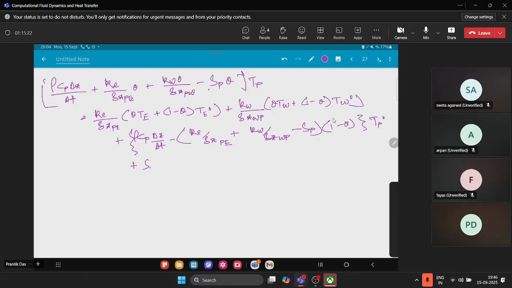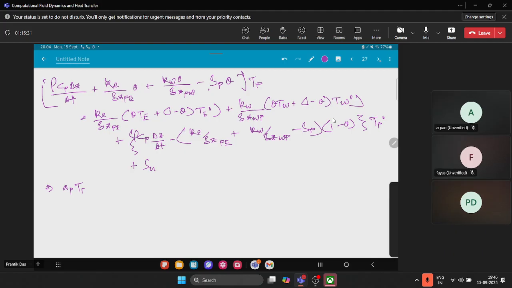Then we can go to again the form APTP equals AW multiplied by theta TW plus 1 minus theta TW naught.